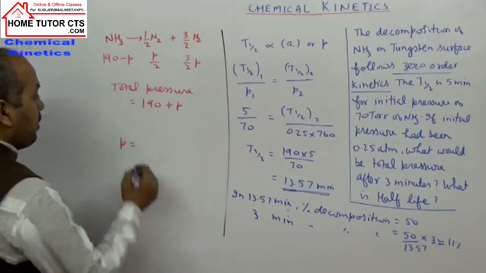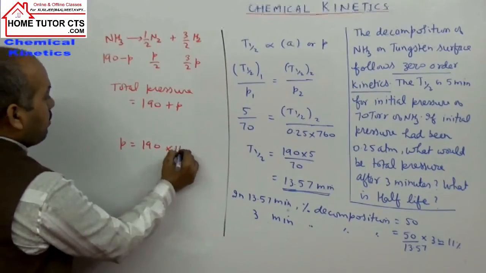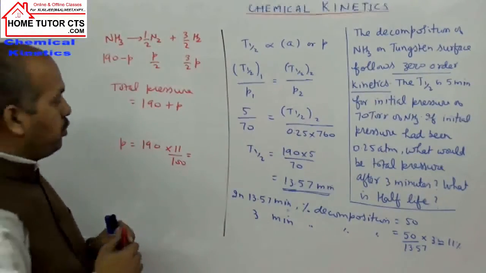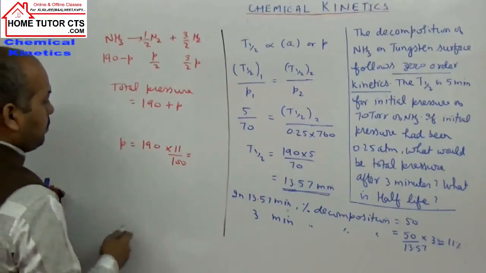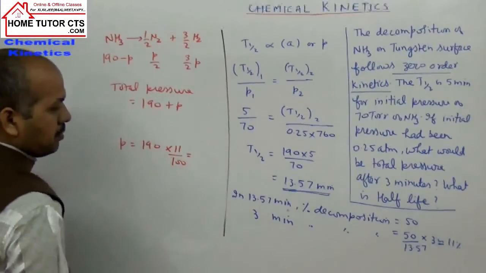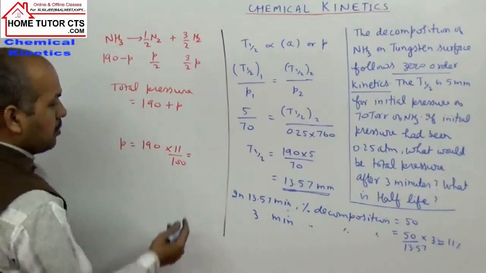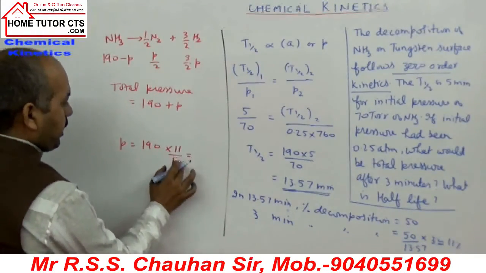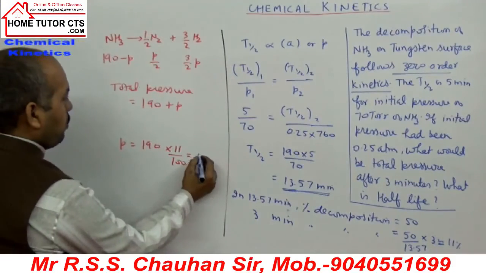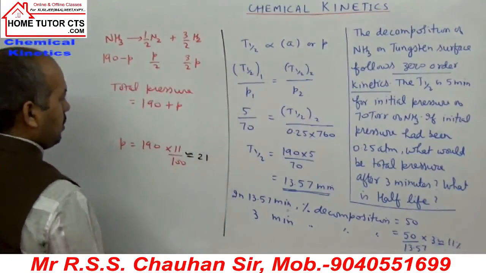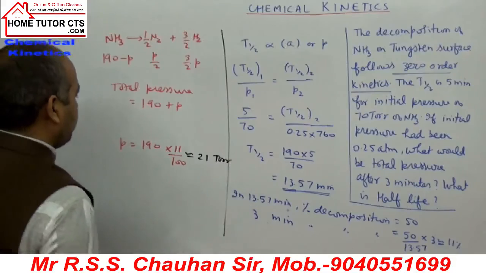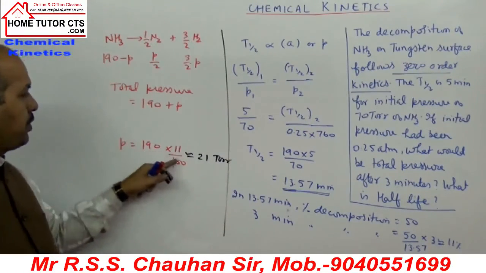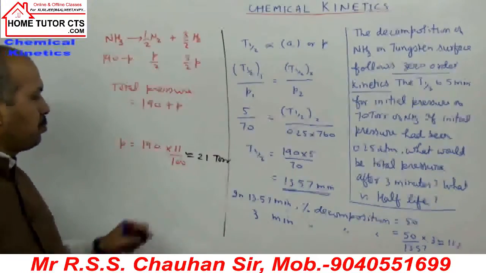And this P is how much? Fraction decomposed is 11%. So 190 into 11% is the pressure decomposed. On solving, this pressure decomposition is coming nearly 21 torr. 190 into 11 by 100, around 21 torr.